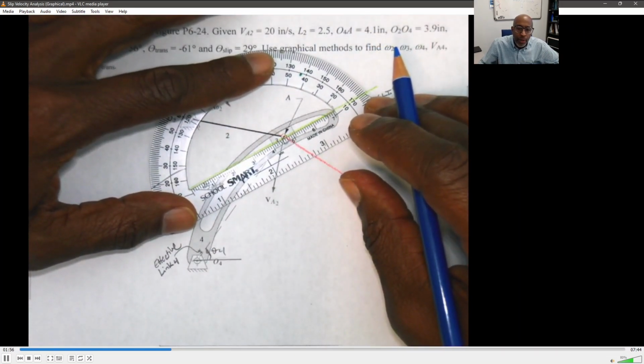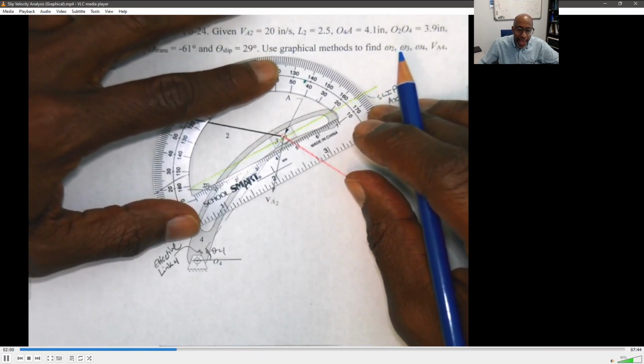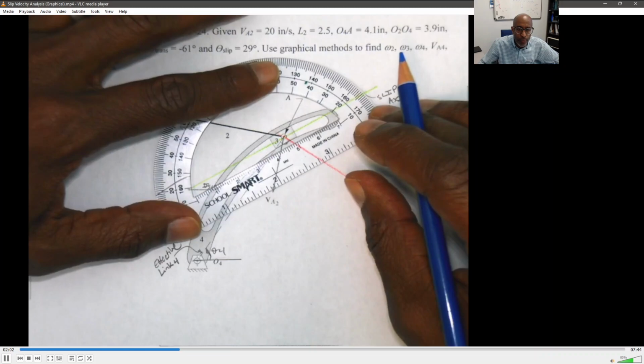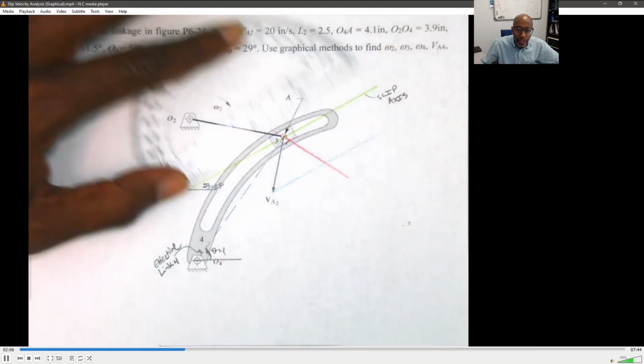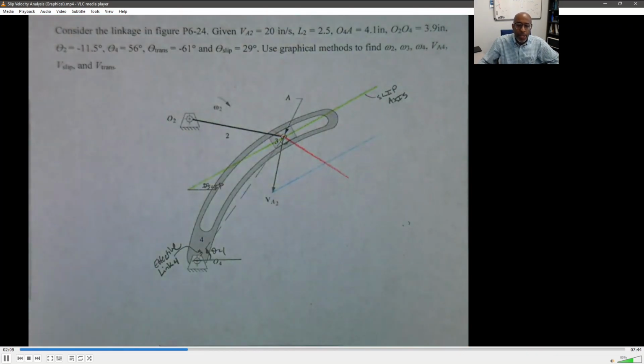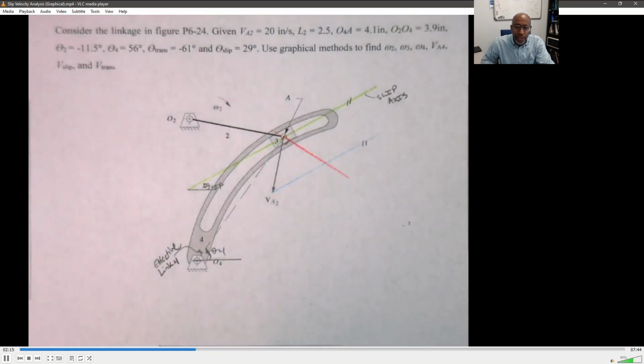Next, to get VA4, we need to add something to VA2, and what we add is VA42. And I'm drawing VA42. It's always parallel to the slip axis. And so I'm trying to draw a parallel here. It's blue, it's parallel to the slip axis.